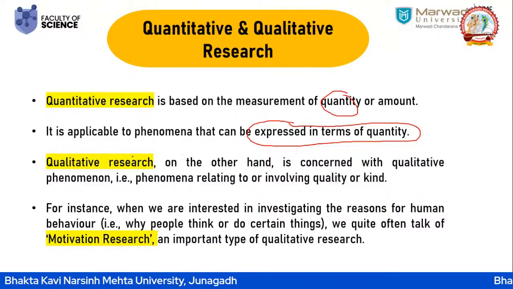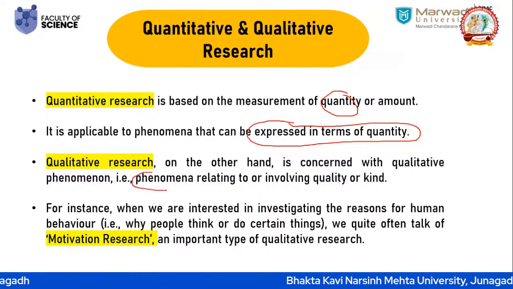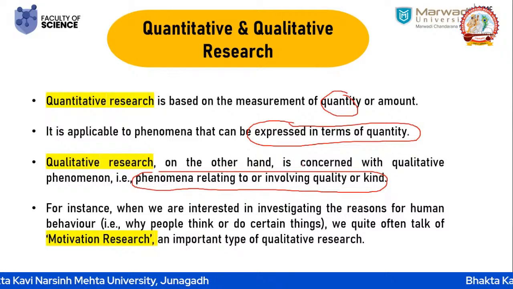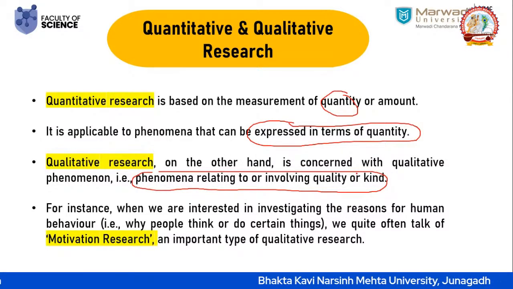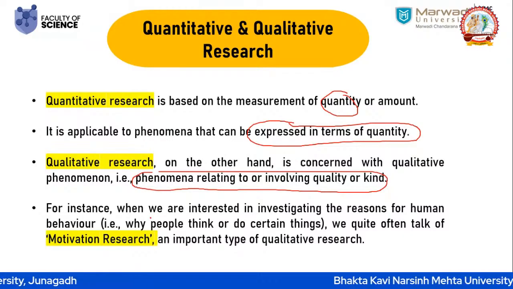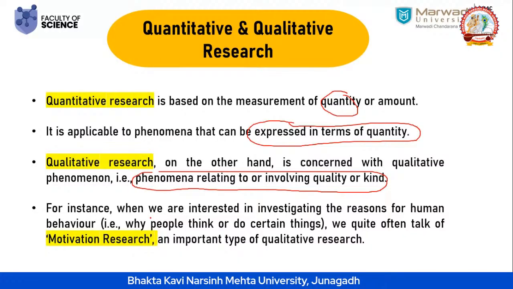On the other hand, qualitative research is a phenomenon relating to or involving the quality or kind of things, with non-numerical things, where no terminology is based on numbers. For example, any theory, information, principles, or hypothesis related to the concept of that particular problem statement is considered qualitative research.